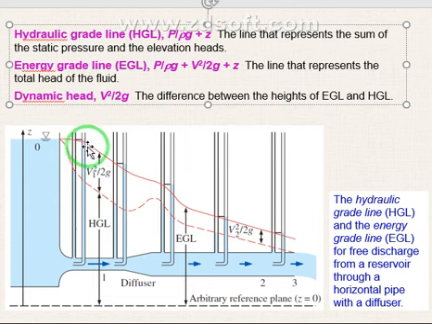You see the level here will show the velocity, but the one at the edge won't show it, because velocity is almost zero at the edge, at the pipe side. So this pipe will represent total energy, or EGL, energy grade line, but this one will produce the hydraulic grade line without velocity, and you'll see the difference.